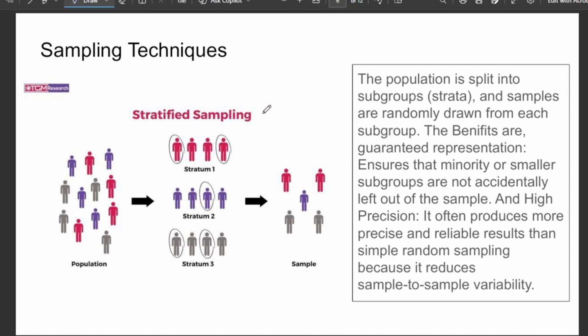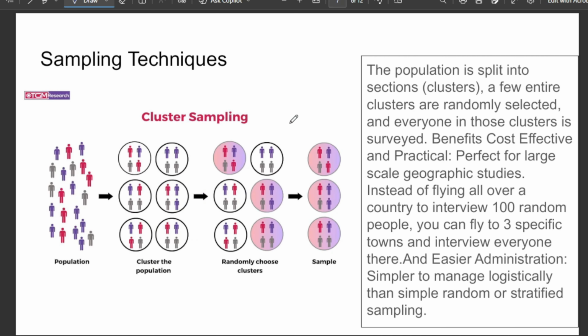Okay, that's stratified sampling. Now moving to cluster sampling. The population is split into sections or clusters. A few entire clusters are randomly selected, and everyone in those clusters is surveyed. The benefit is that it is cost effective and practical.